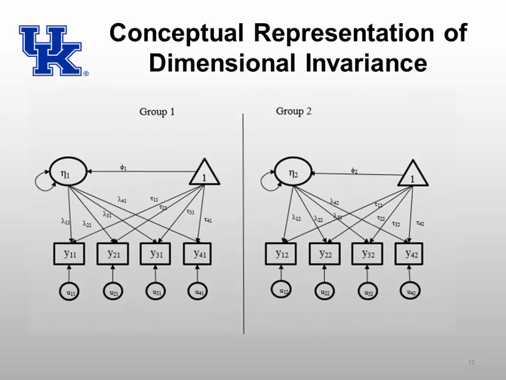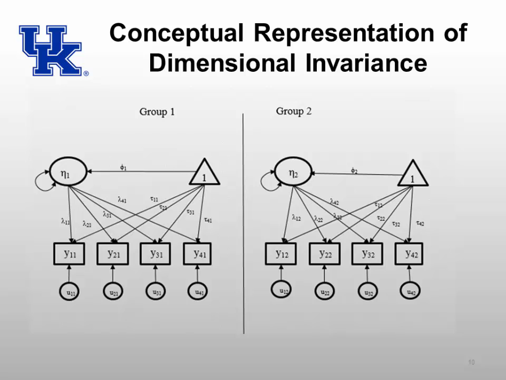Okay. So just to repeat what Caroline already showed. This eta 1 and eta 2 are the language factor for both groups, for boys and girls, if you consider gender as a grouping variable. And the lambda 1 and lambda 1 represent the item factor loading for both groups. And the U12 and U11 represent the item unique variance, or item residual, or measurement error for the first item.